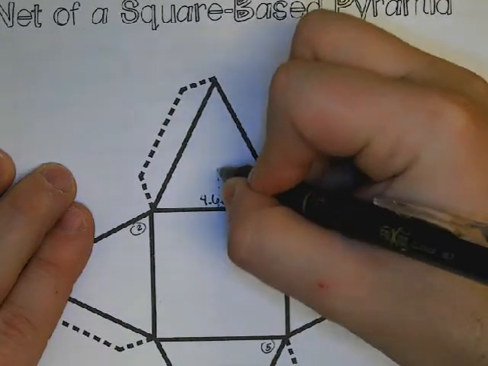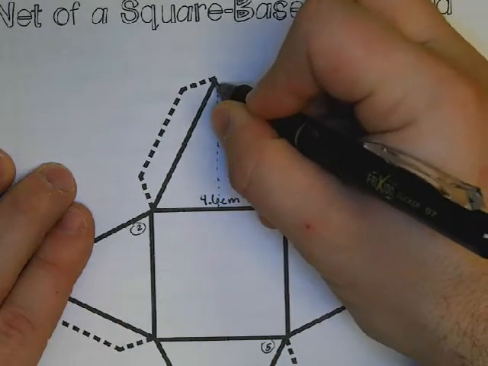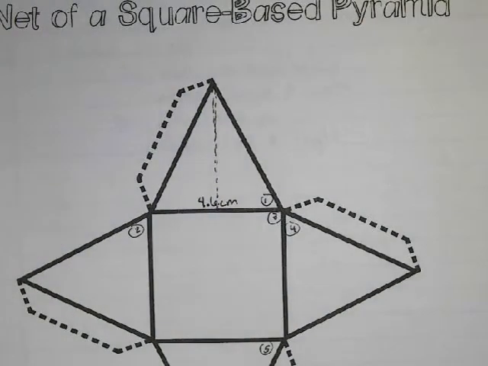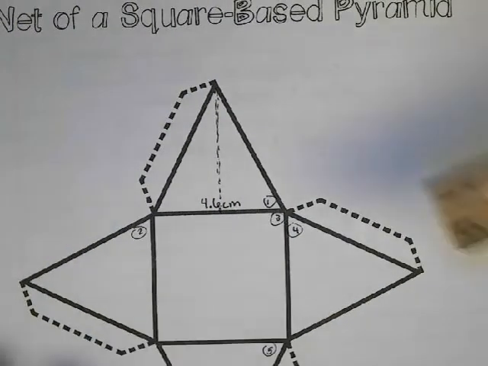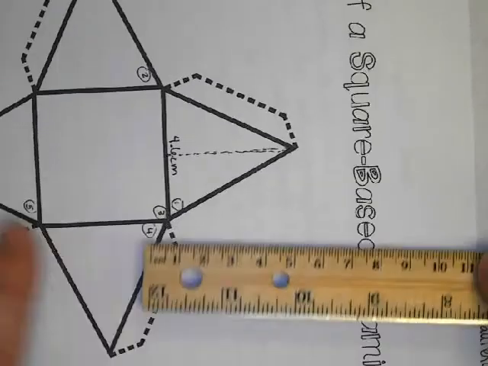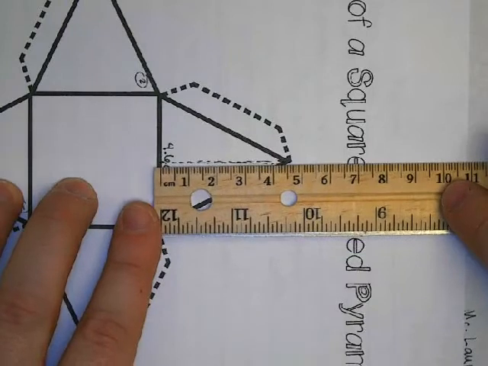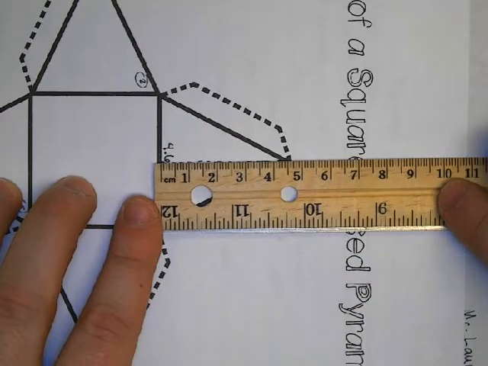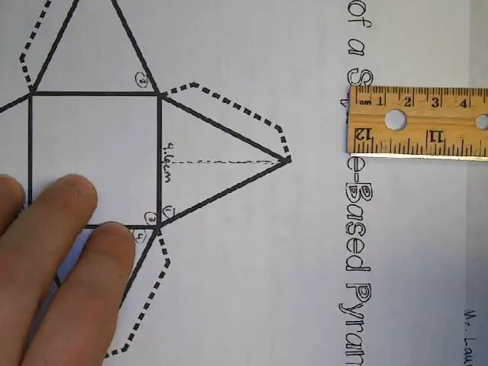We're not always going to get the same exact measurements, but they should be close. So if you got 4.7, that's fine. But if you're getting something like 10 centimeters, that's way off. So we've got to make sure that we're at least close to one another. So now I'm going to measure the height. So the height of my triangle looks to be about 4.5 centimeters.